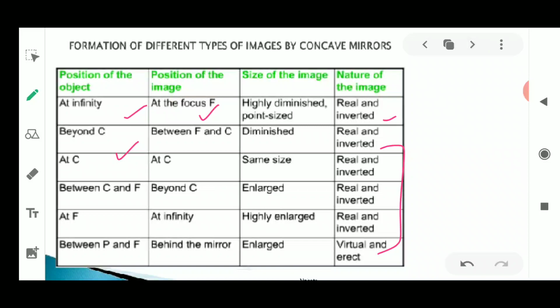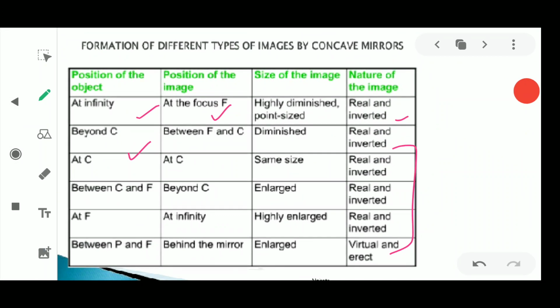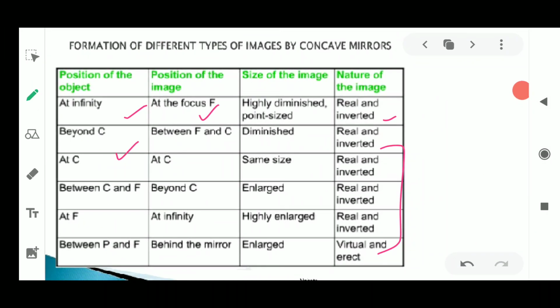Here we have seen in detail yesterday that when the object is at infinity, it is always forming a real and inverted image. When the object is placed beyond C, away from the center of curvature, the position of the image will be between focus and the center of curvature, and the image will be highly diminished, real and inverted.